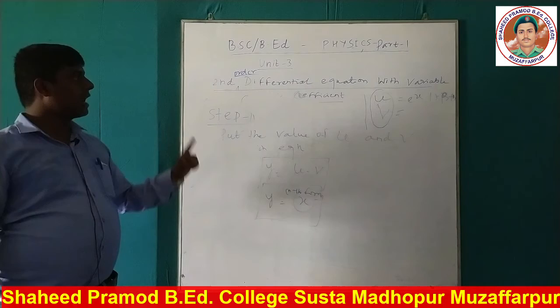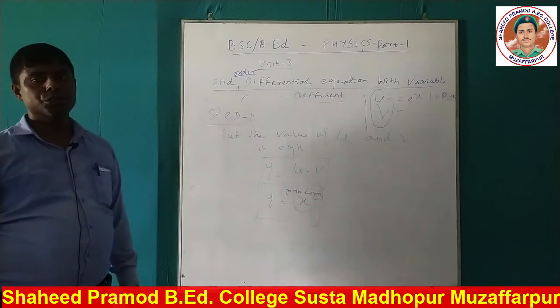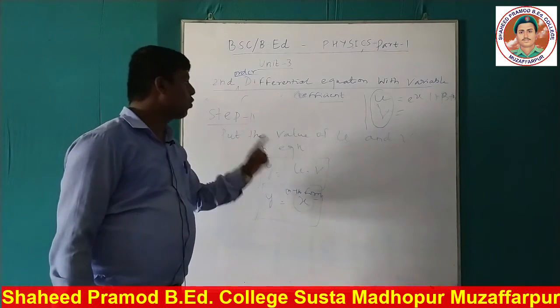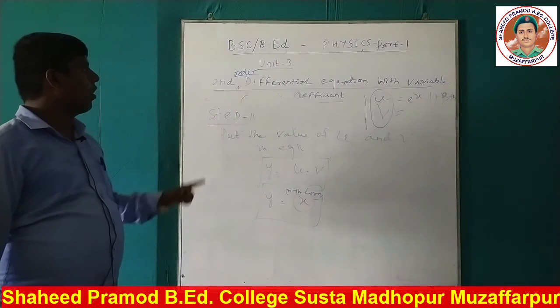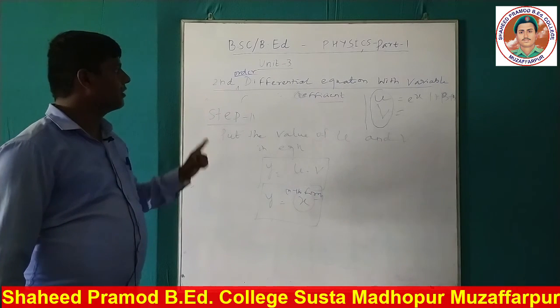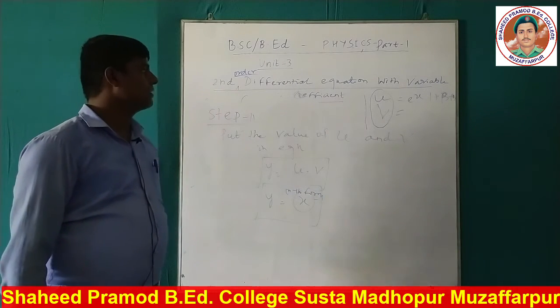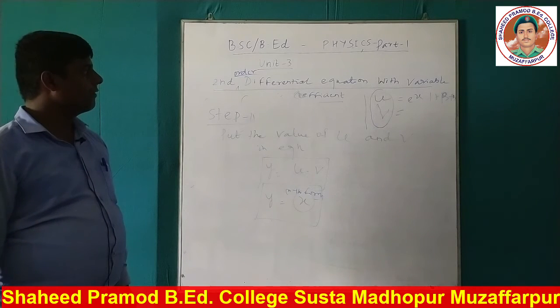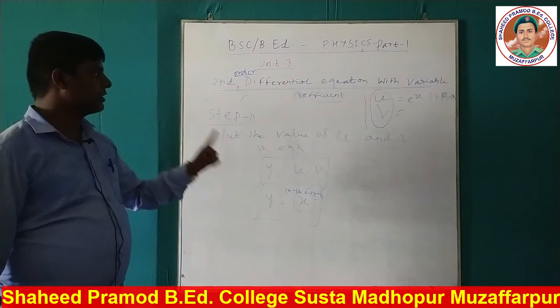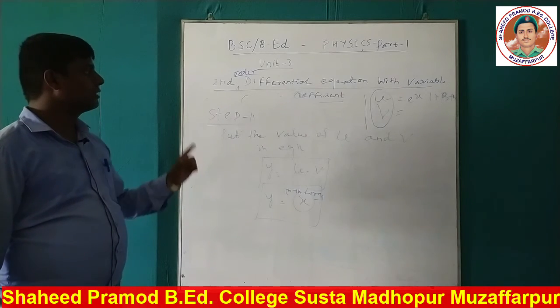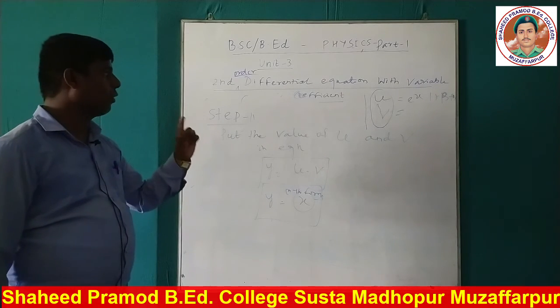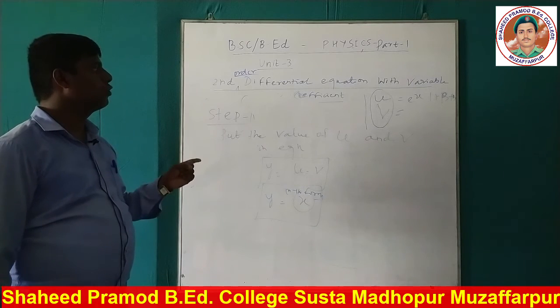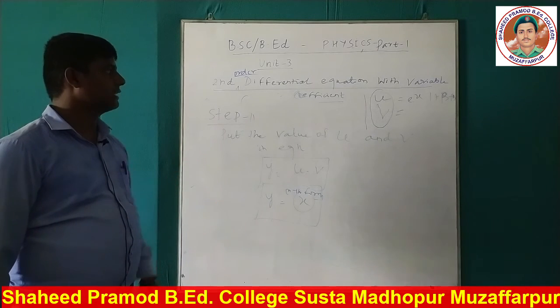So these are the 11 steps you need to know to solve a second order differential equation with variable coefficient. Again I am going to explain in brief. First of all, you have to convert it to a standard form, then check some conditions, find the values p, q and r, then make some conditions satisfy.